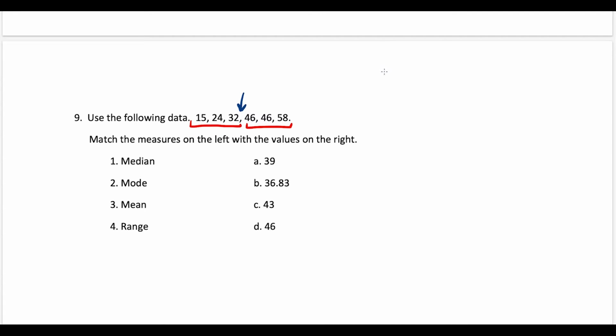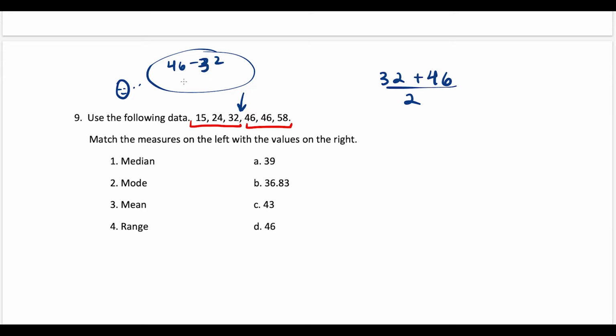So then there are a few ways you could find this. You could do 32 plus 46 divided by 2, or if your mental math is sharp, you could look at 32 and 46 and say that if you subtract those, they are 14 units away. So for the halfway point, I would take 14 and divide by 2, and that's 7. Then I take the first number, 32, and add 7 to it, and that would bring us to 39.